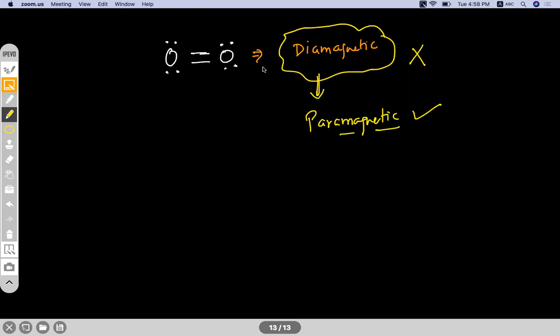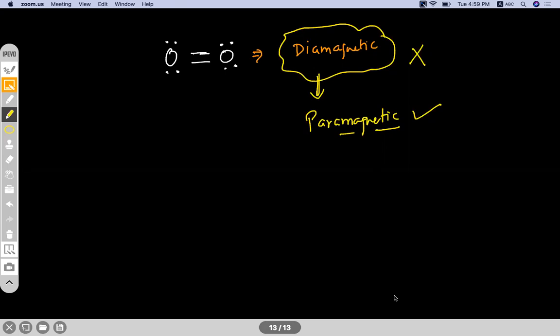So again, there is a drawback in this theory, right? See, first of all, paramagnetic and diamagnetic is just a property of a molecule, okay?